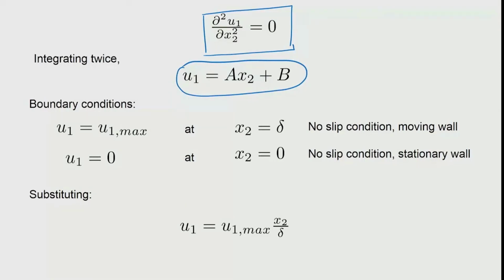At the top wall, x2 is equal to delta and the velocity is u1 max; at the bottom it is 0. When you substitute, you get the functional form for the velocity, which is proportional to the distance in the y direction, scaled by the maximum velocity with the factor delta in the denominator.